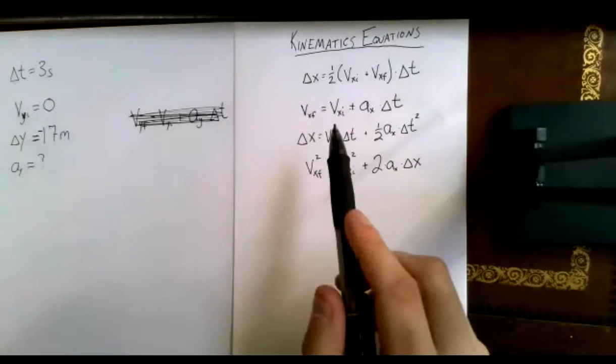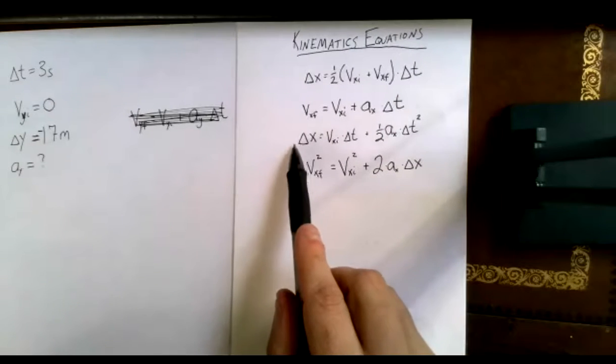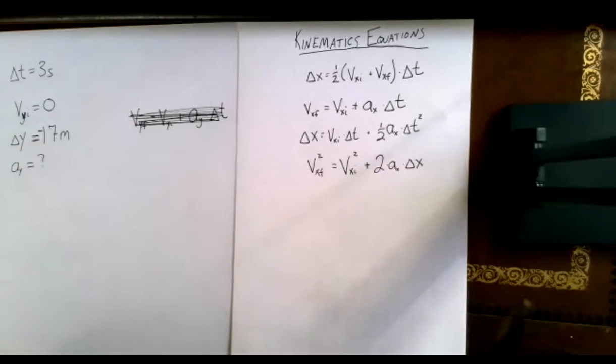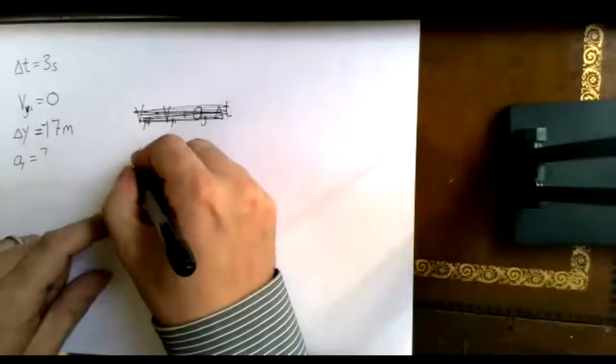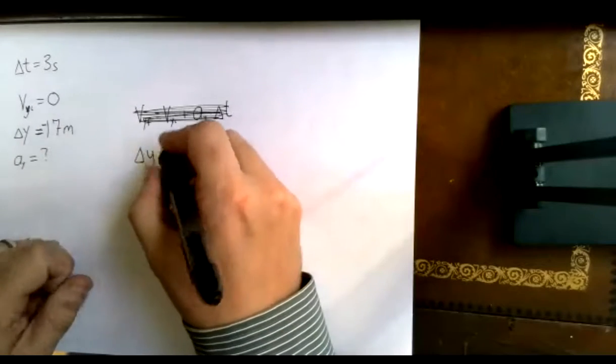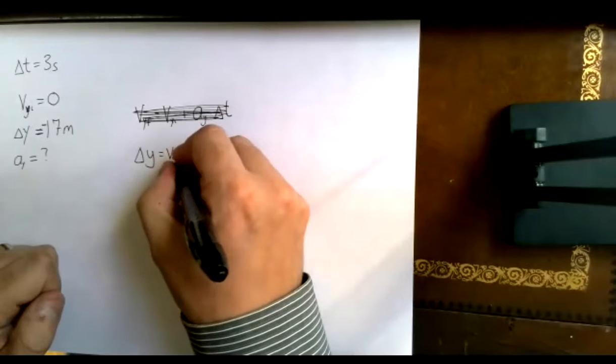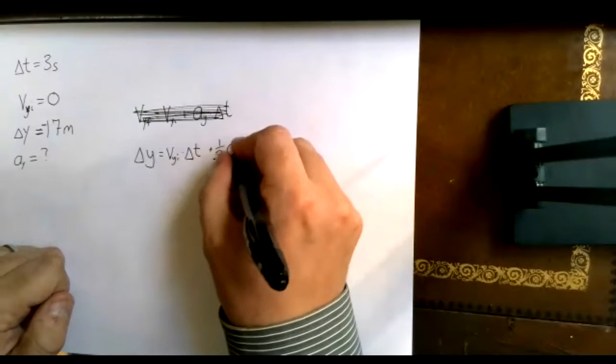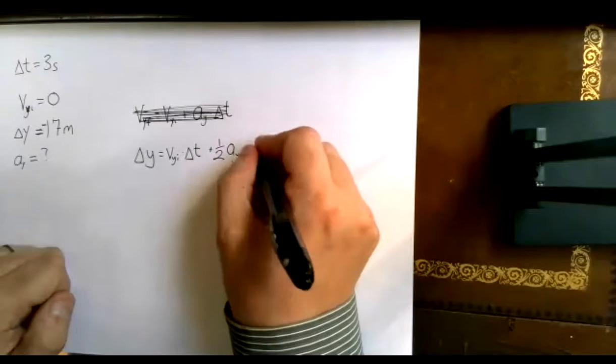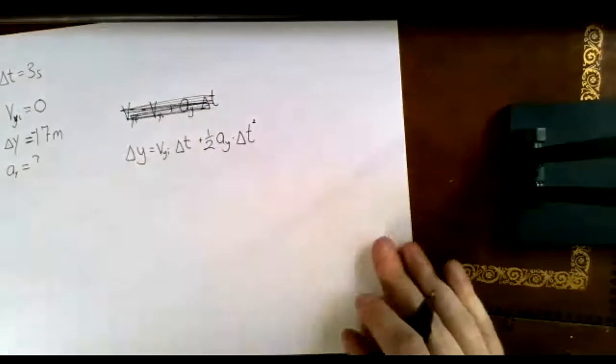The third one's the only one that has our displacement, our time, our acceleration, and the initial velocity. So that's okay. Delta Y equals Vy initial times time plus 1/2 the acceleration times time squared.